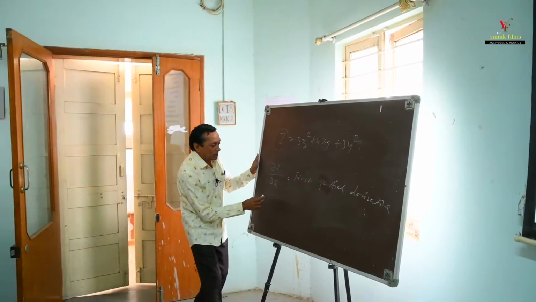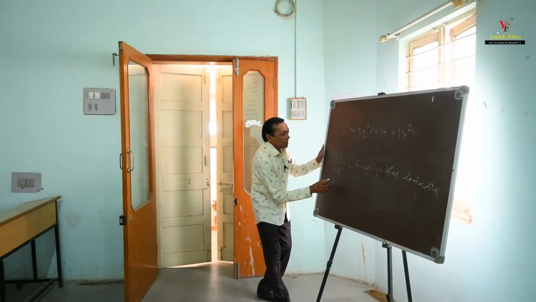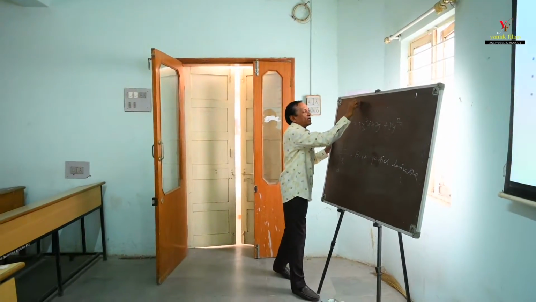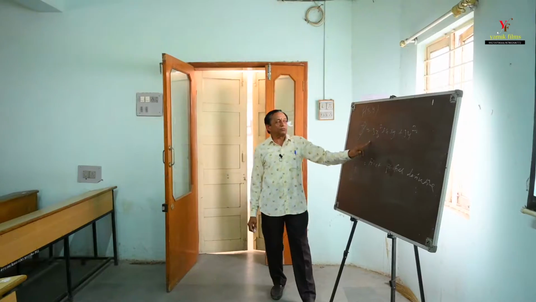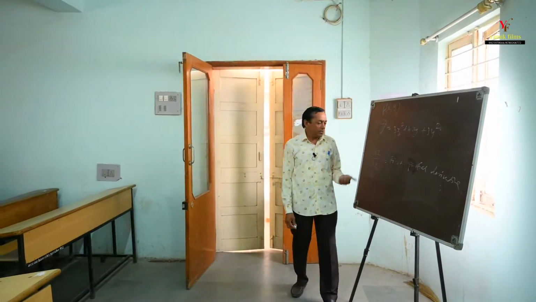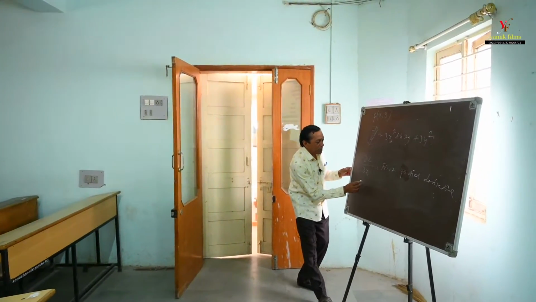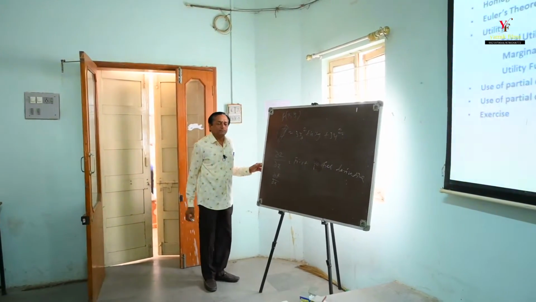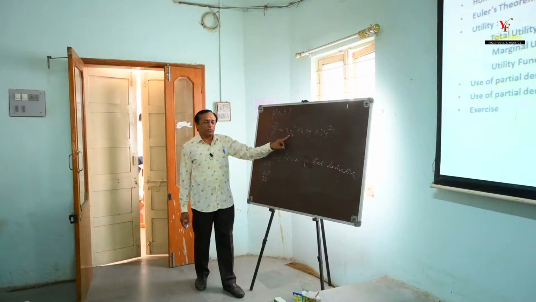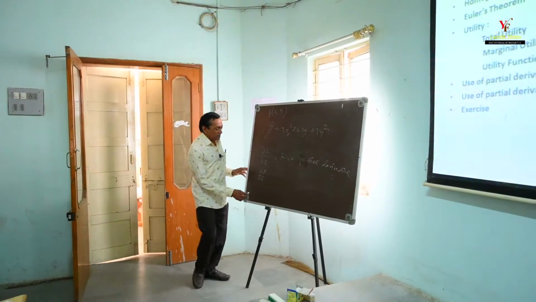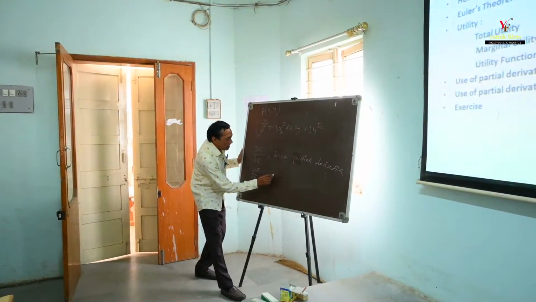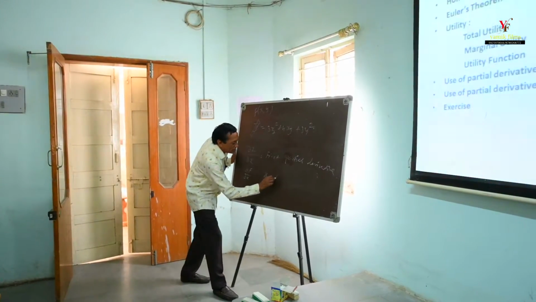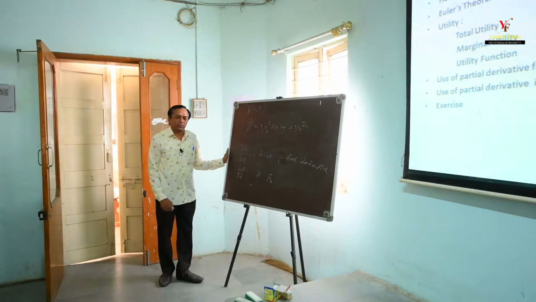Another notation is, if we are given z as a function f of xy, where f of xy is 3x square plus 4xy plus 3y square, then we can symbolize delta f by delta x. Here only x may change, y is a constant. The other notation is only fx.